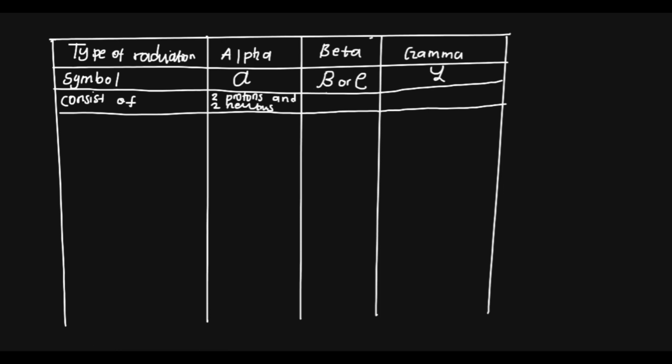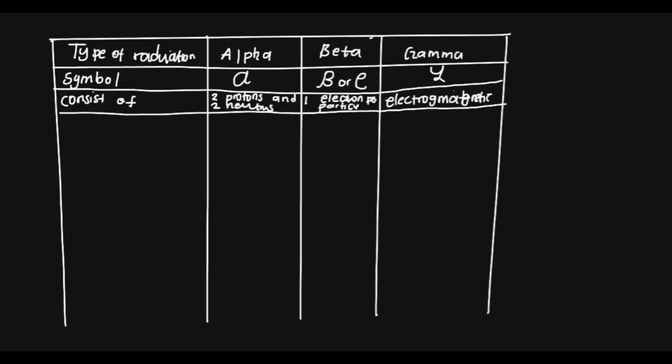Then for beta, there is only 1 electron per particle. Then for gamma, it's just an electromagnetic wave. That's why gamma is found on the electromagnetic spectrum.